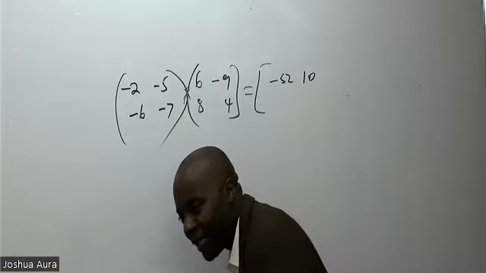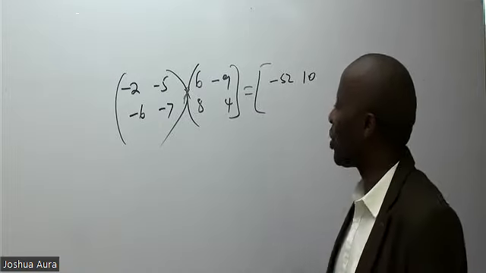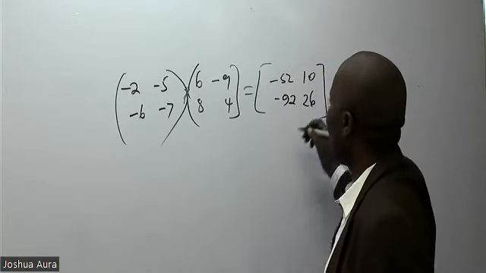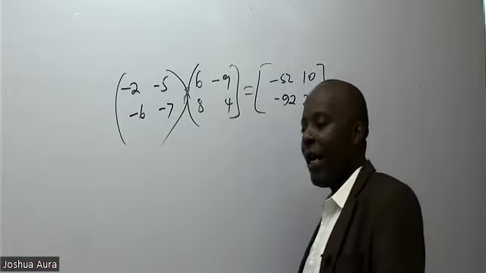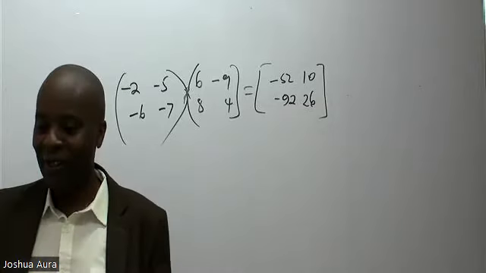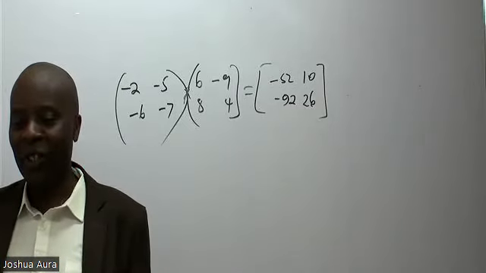So we have here -92 and 26. -92, and if you'll be correct, Bill Kin 2, already you have 150 Kenya shillings.